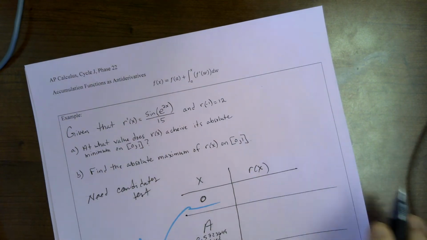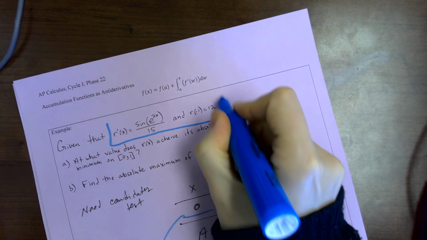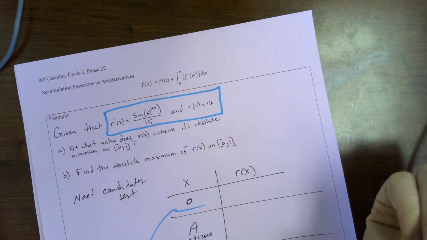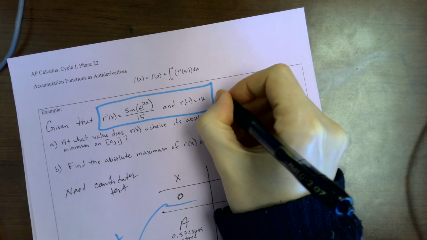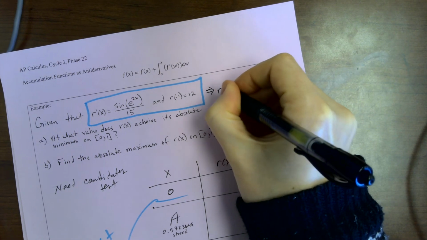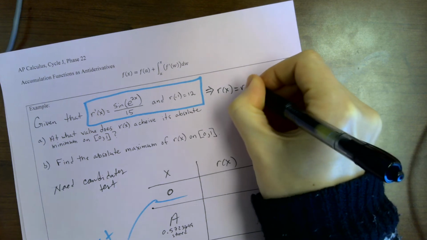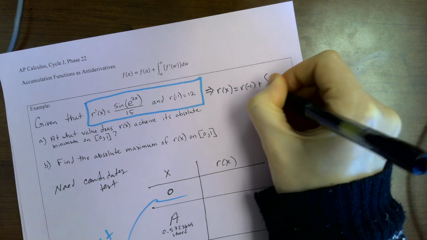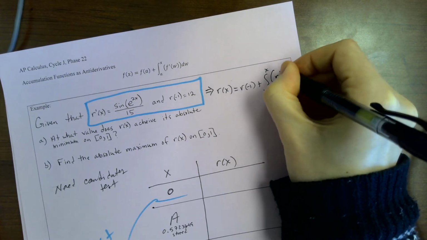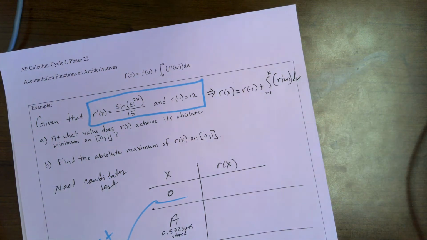So, guys, when they're telling me that r prime of x is that, and r of -1 is 12, well, then I can represent r of x as an accumulation function. R of -1 plus the integral from -1 to x, and then in here, r prime of w dw.